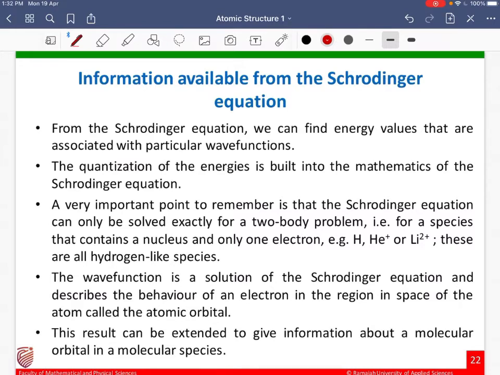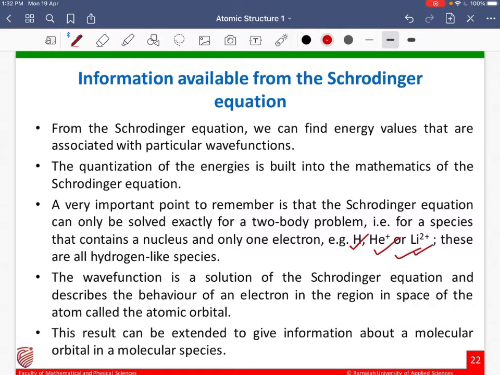For example, the hydrogen atom, one nucleus and one electron, helium ion, one nucleus and one electron, lithium 2 plus ion, one nucleus and one electron. These are all hydrogen-like species, and the Schrodinger equation can be solved only for these kinds of hydrogen-like species.